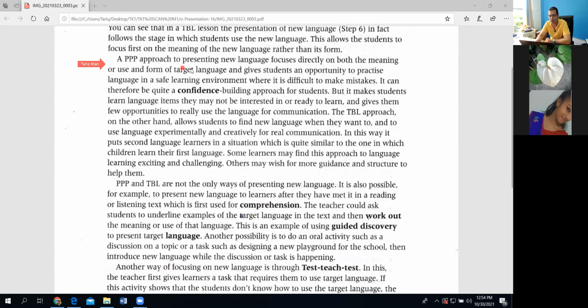A PPP approach to presenting new language focuses directly on both the meaning and use of form of target language, and gives students an opportunity to practice language in a safe learning environment where it's difficult to make mistakes. That's the PPP approach. They are focusing on learning a particular language area, the target one, and it is in a safe environment.